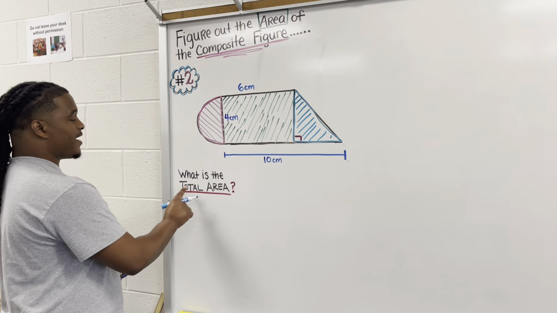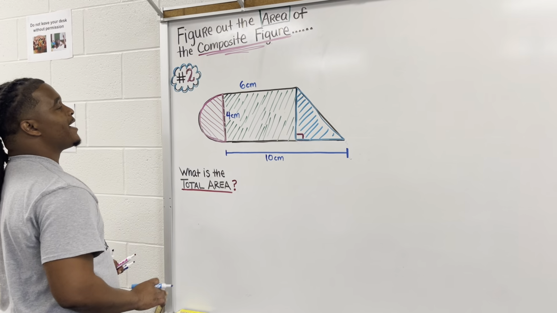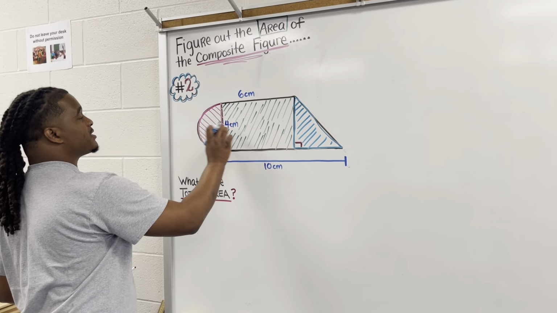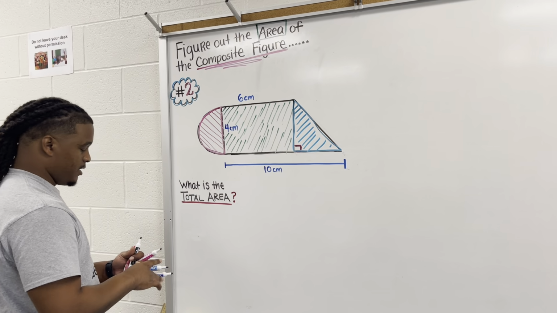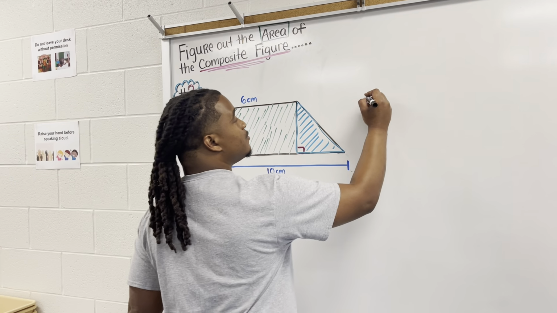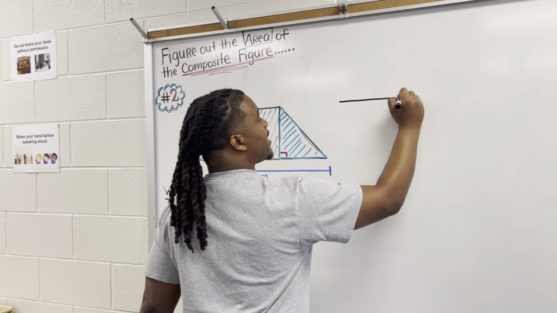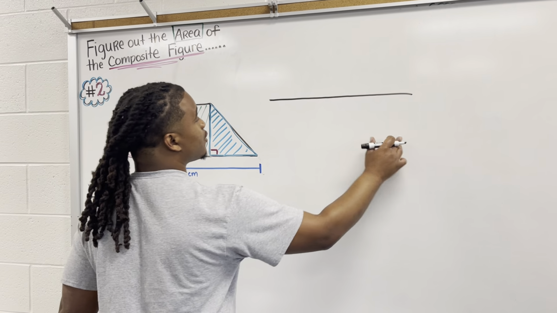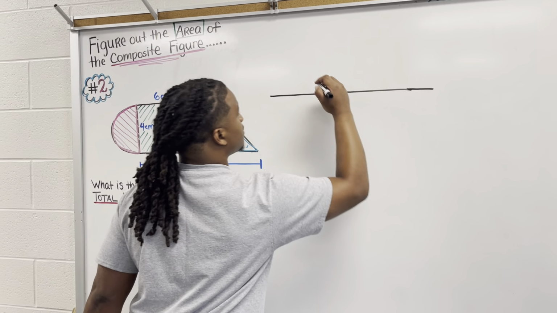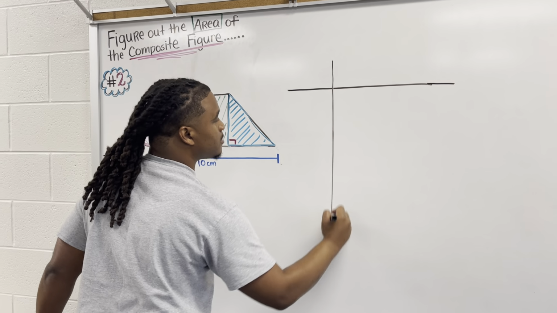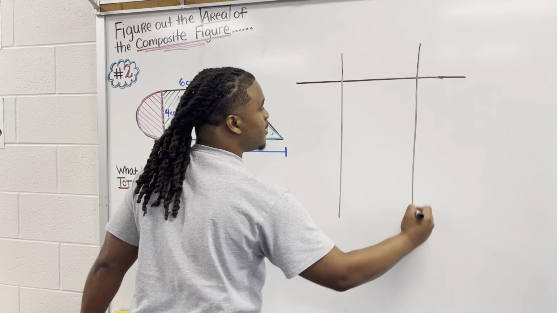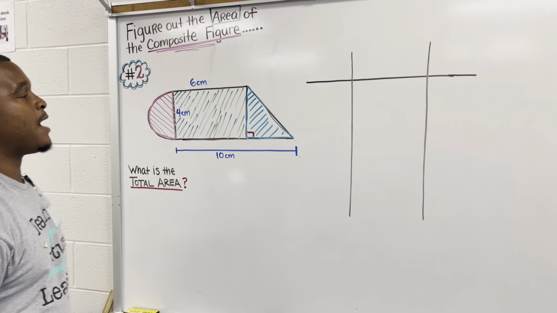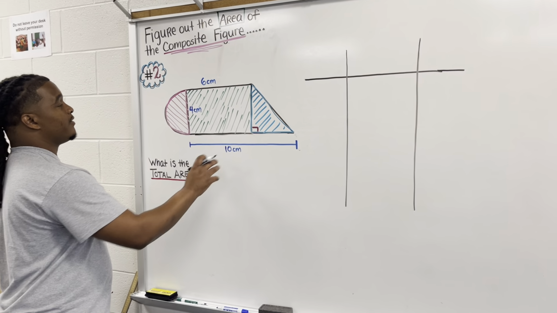And for us to find out the total area, we have to find out the area of each particular portion first. So in doing so, since we have three simple shapes that make up this composite figure, draw a chart and divide it into three sections. And within each section, this is where we're going to do our work to find out the area of each portion.